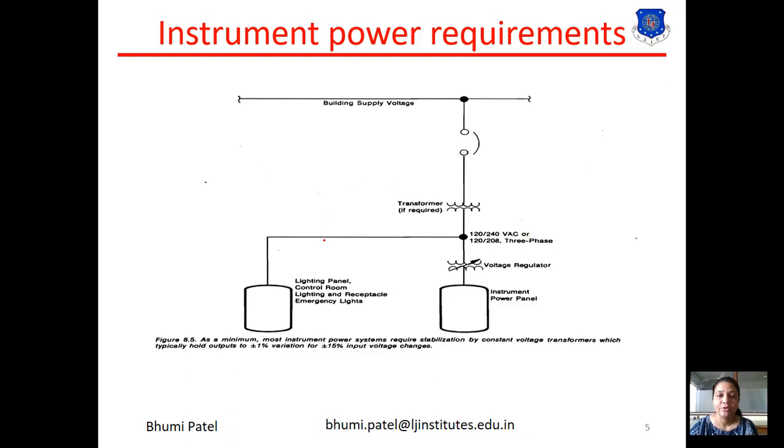So if the input changes by 15%, the output changes by only 1%. This is the most common instrument power system requirement in the control panel.